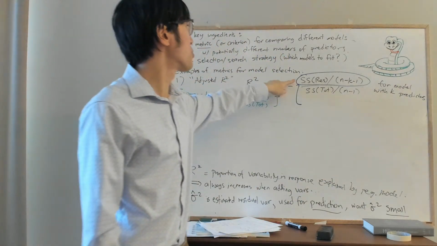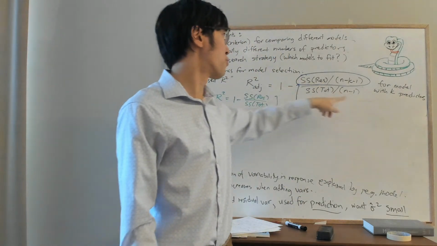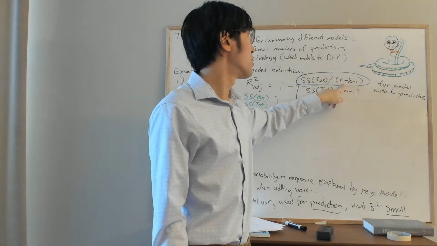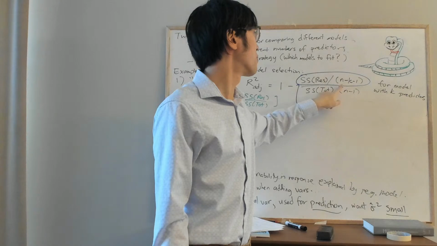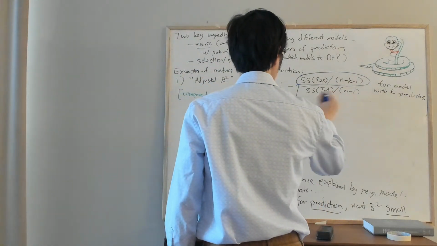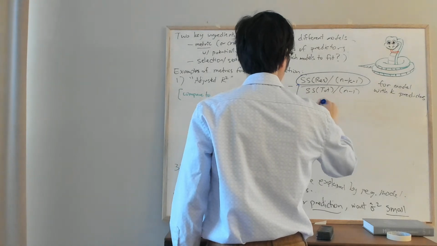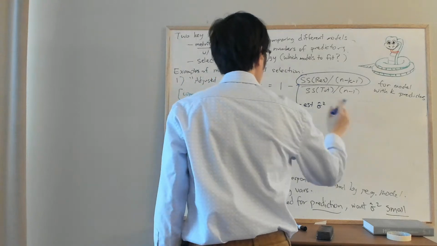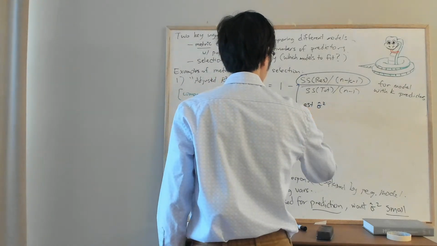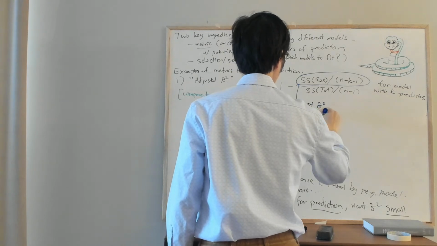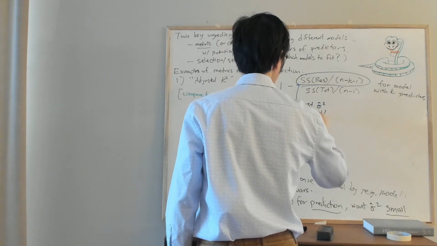This is the sum of squares residual for that model, and this is the degrees of freedom in the residuals for a model with k predictors. So this is the estimate sigma squared hat based on that model for a model with k predictors.